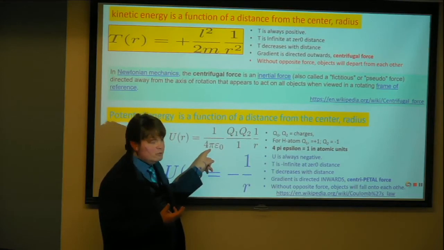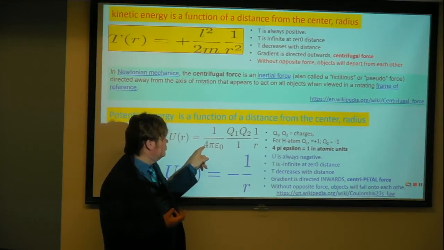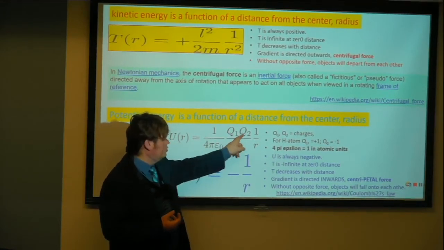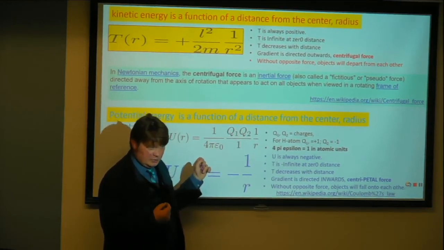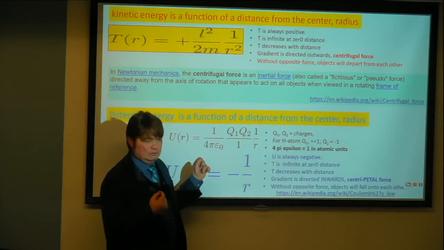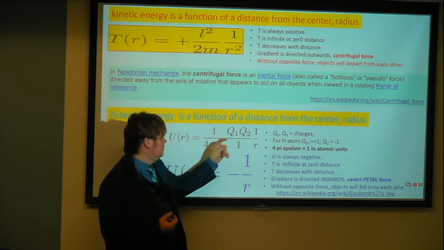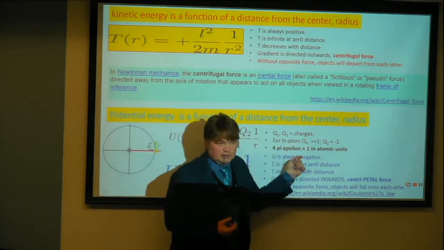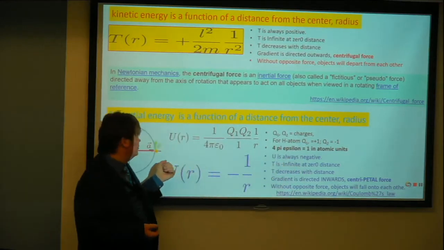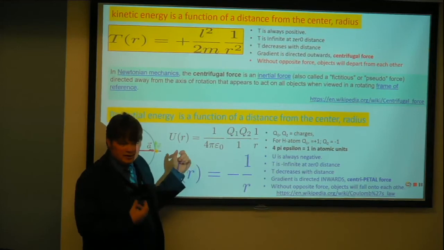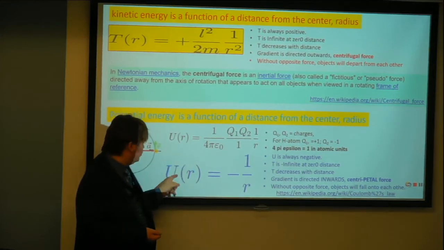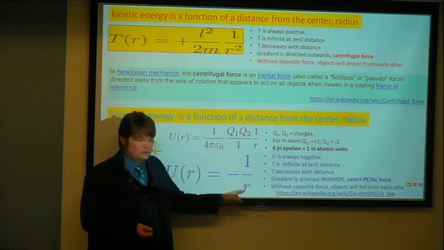What if we use a system of units where the charge of electron and proton is measured not in coulombs, but in units of the charge of the electron? In such a system of units, those will be just +1 and -1. And if you design a system of units where this constant is equal to 1, then we redesign it into an atomic system of units where Coulomb attraction will be just -1/r.